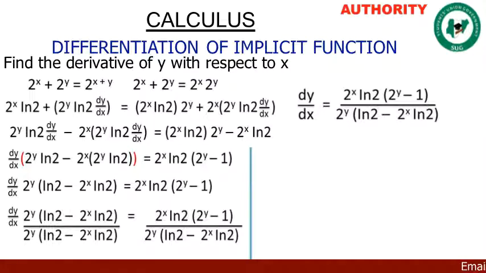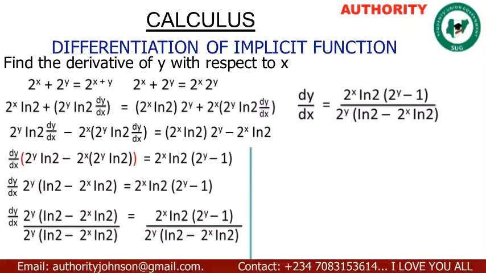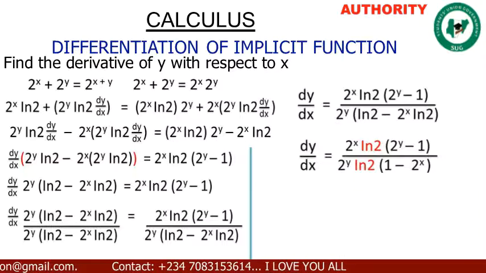In the denominator, we can also see that there is ln 2 in the inner bracket, there are two terms with ln 2. Let's also factor out ln 2 again. That means we are going to have dy all over dx is equal to 2 raised to power x ln 2 open bracket 2 raised to power y minus 1 all over 2 raised to power y ln 2 open bracket 1 minus 2 raised to power x.